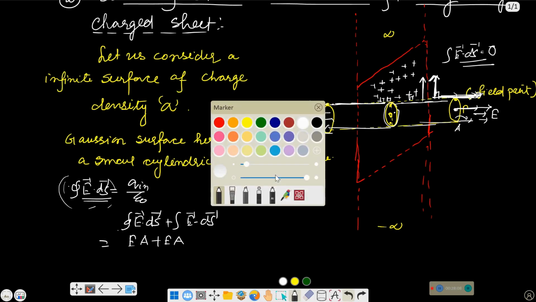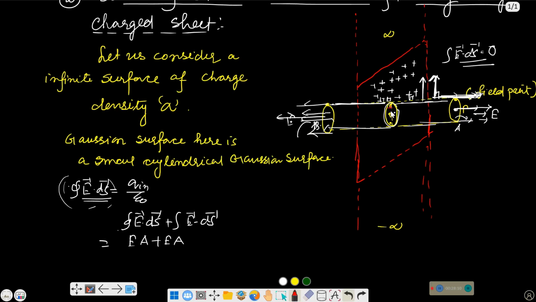This is the area enclosed by the Gaussian surface, and this area is equal to this area, which we have taken as A. So what will be the Q inside?